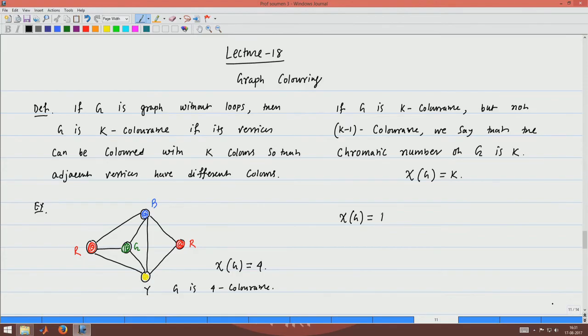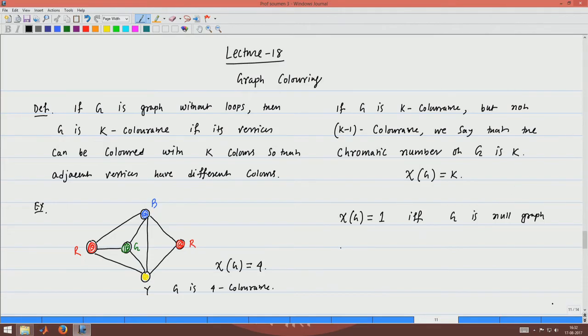The graph has chromatic number 1 if and only if G is a null graph, in the sense that the graph does not have any edge, like this is a null graph, right. Then you can give the same color to all the vertices, and you need only one color.